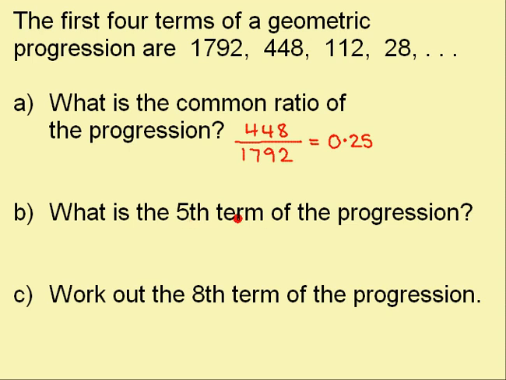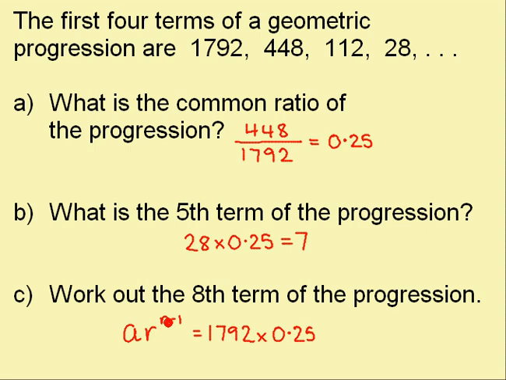I now want to find the fifth term. The fourth one is here, that's 28. So to get the fifth one, I multiply that by 0.25, and that gives me 7. To get the eighth term, I'm going to use my nth term rule. That's ar to the power of n minus 1. Remember, a is the first term, that's 1792. r is the common ratio, that's 0.25.